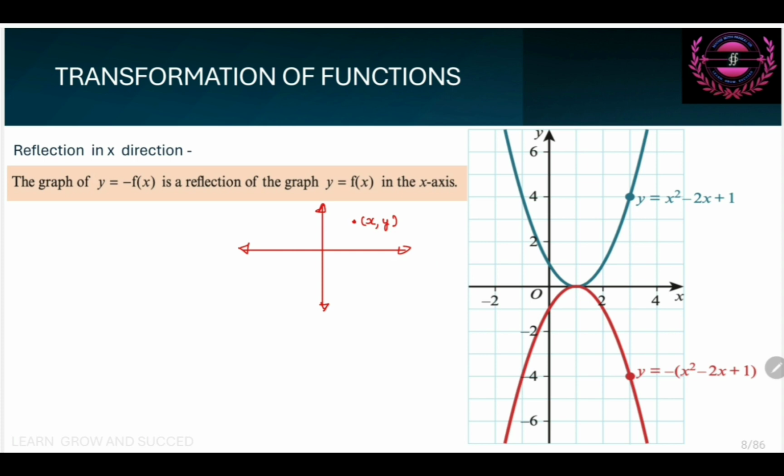This is x-axis, this is y-axis. Now I have to find the reflection of this particular point about the x-axis. So the reflection of this point in the x-axis will be somewhere here in the fourth quadrant, which is x comma minus y.